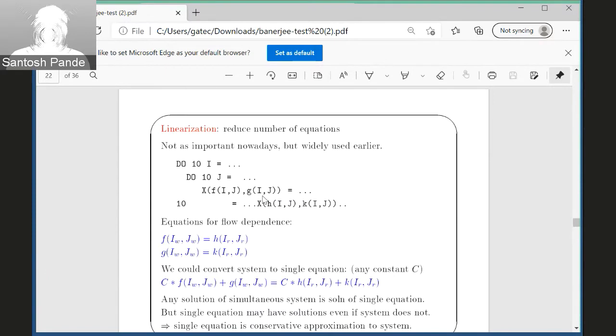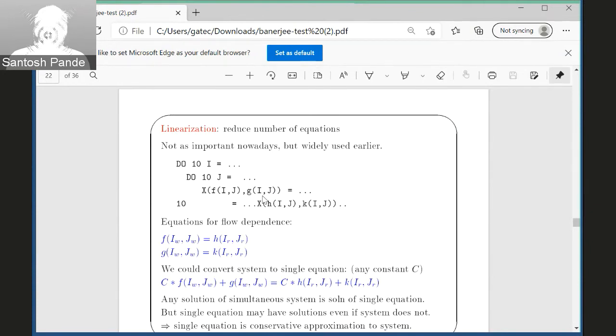But before we do that, let us see how to deal with simultaneous solutions to these coupled subscripts business. As I said, we had to solve when there are coupled subscripts. We can't do dimension by dimension testing.